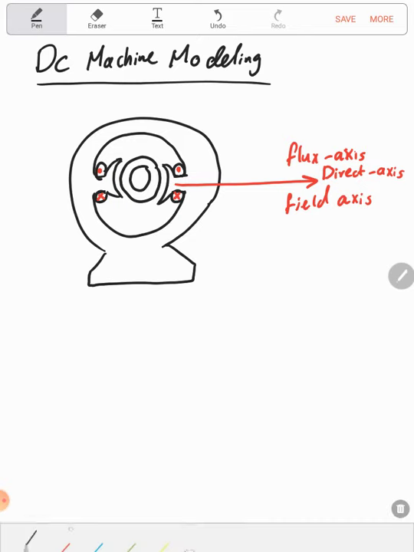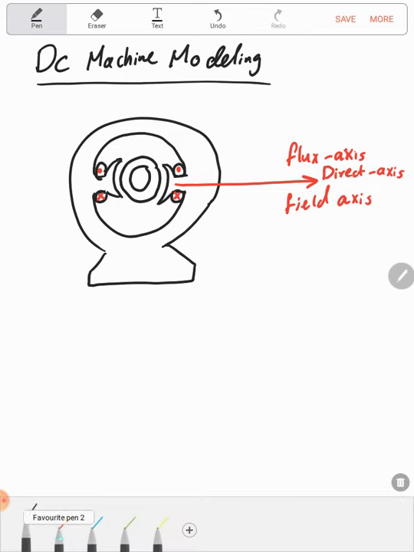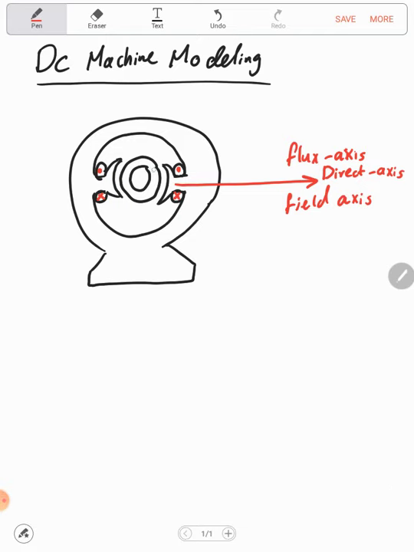Now let's assume in the rotor there is winding, and the sense of the current that here is in, and in this side it's out. So again, according to the right hand rule, this will be the direction of the induced EMF.